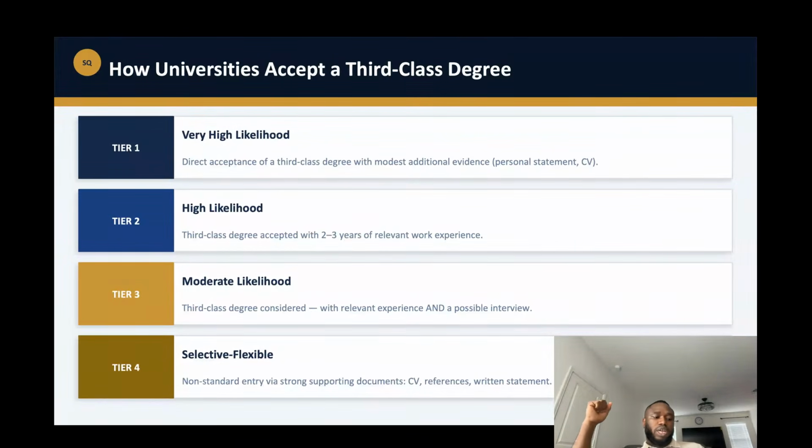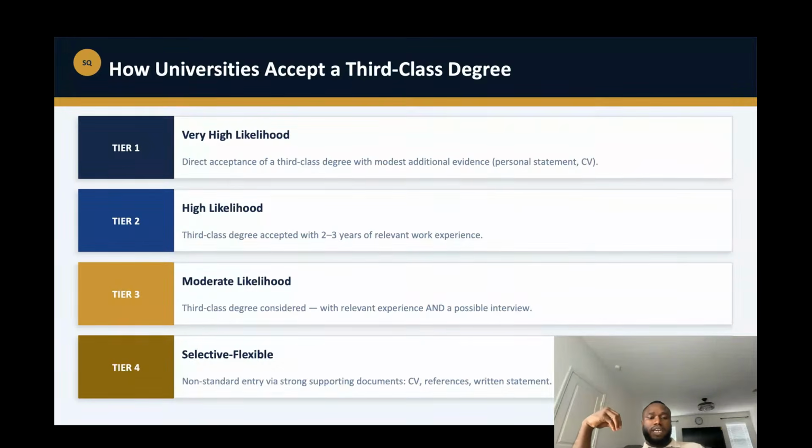And then you have the moderate likelihood tier. The moderate likelihood is for those who have a third class degree and relevant work experience, and the school then invites them for a possible interview. So now the barrier to entry is a little bit higher.